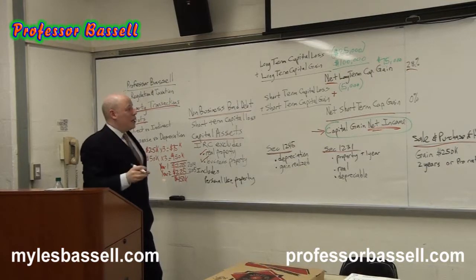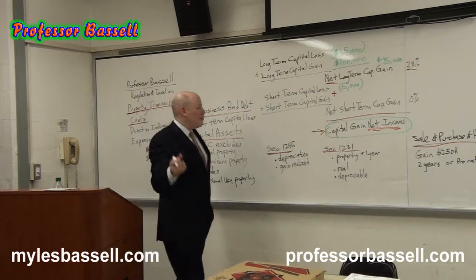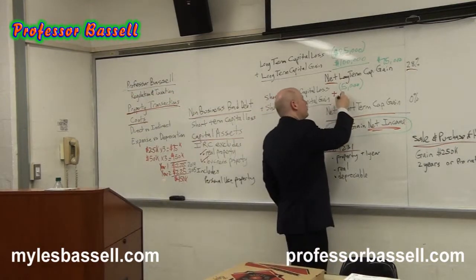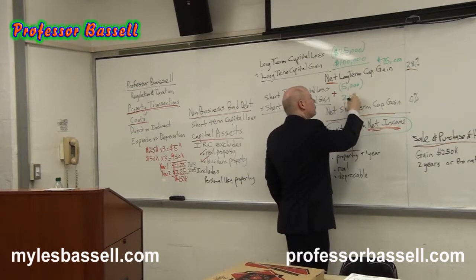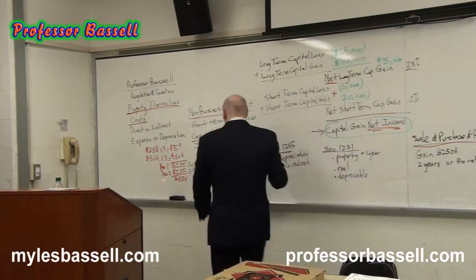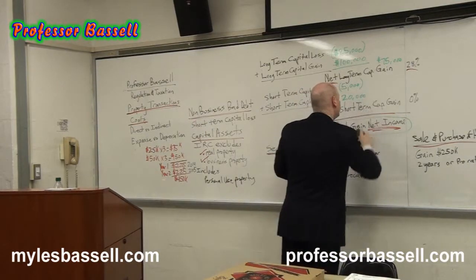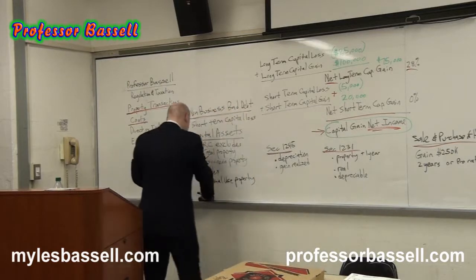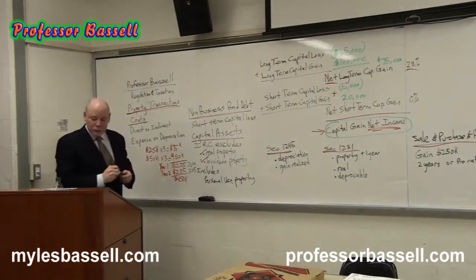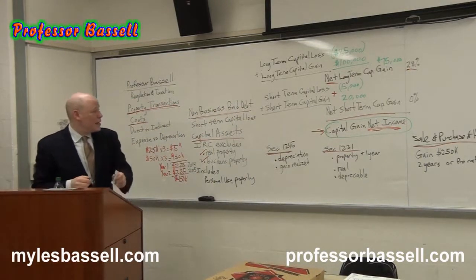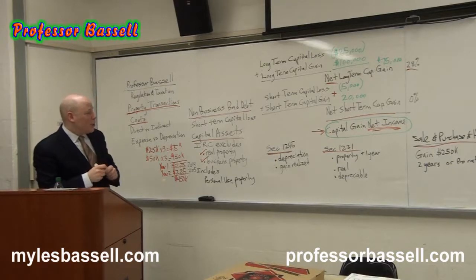But we also had some securities that we held for less than a year, let's say about 11 months, and our short-term capital gain was $20,000. So then is our net income a gain or a loss?